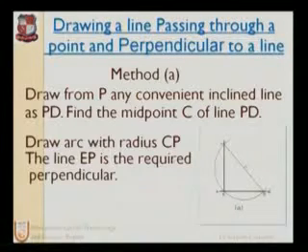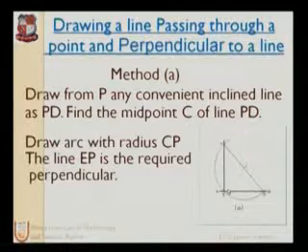In the next step, we need to find the midpoint of PD, which is called C. And from C, take a radius of CP and draw a semicircle or a suitable length arc passing through P. It will intersect line AB at the point E. So we have now point E. Just with the help of a scale, draw a line PE.